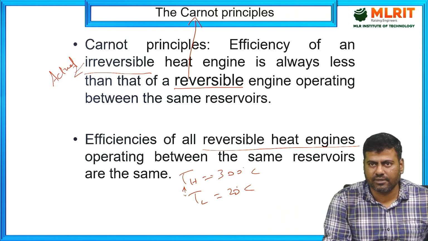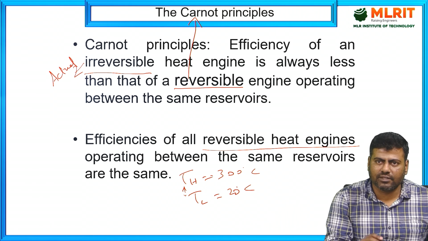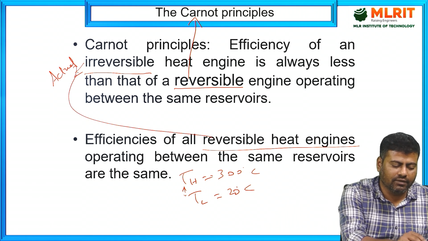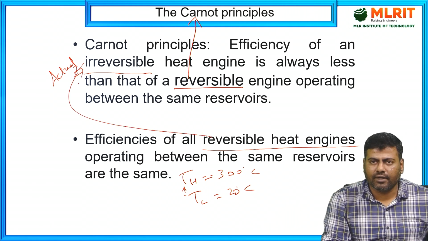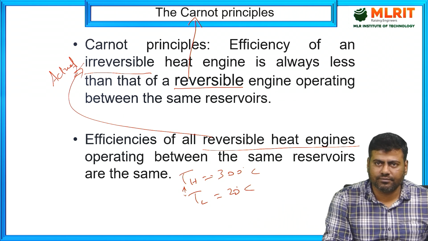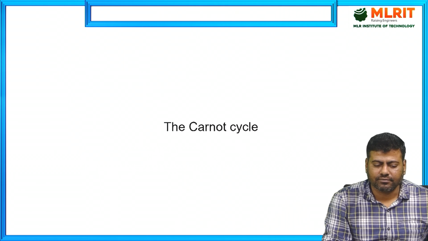That is what this statement says. So with respect to this, I can compare with the irreversible cases and sense whether it is feasible to construct or not. That is the basic purpose of this Carnot cycle.